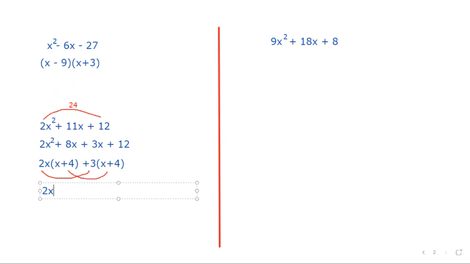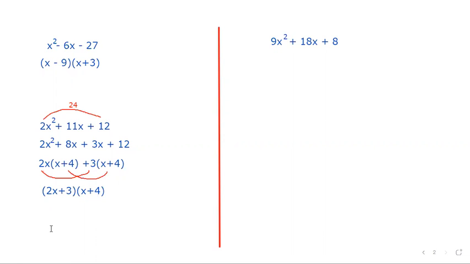So here we would use 2x plus 3 times x plus 4. And if we ever wanted to check it, all we would have to do is use the FOIL method, multiply it out and get the original polynomial. So that's how we factor by grouping.